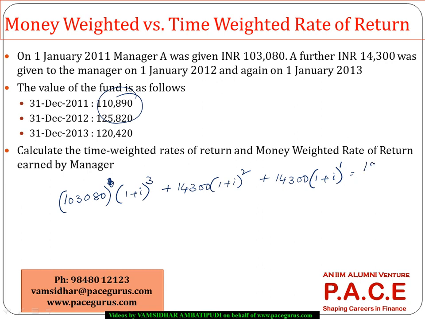All this put together produced 120,420. So based on this I can find the interest rate during this period.